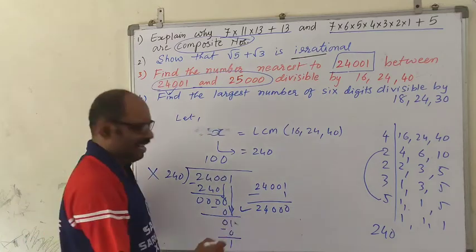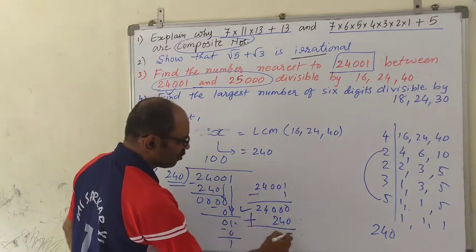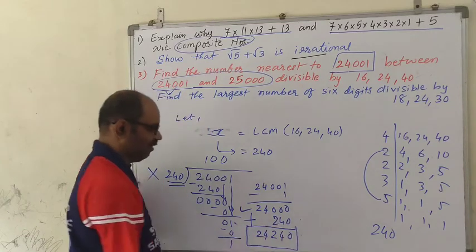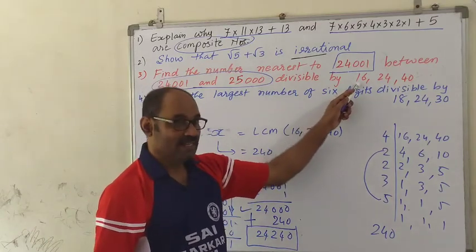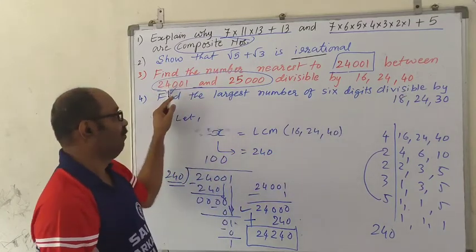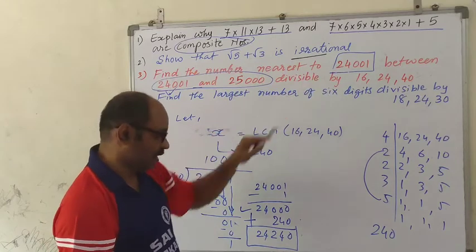So if you want to find the next number, you add 240. So 24,240. This is your answer. The number exactly divisible by 16, 24 and 40 between 24,001 and 25,000 and nearer to 24,001 is 24,240.